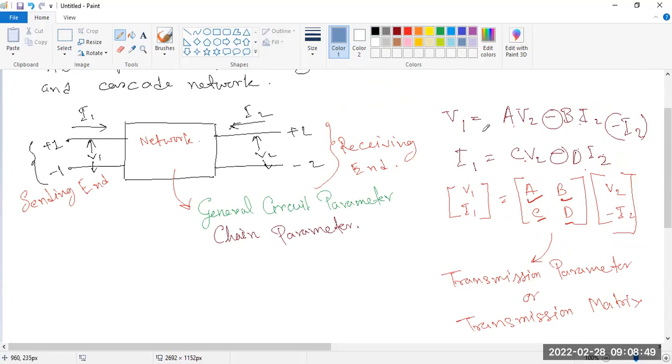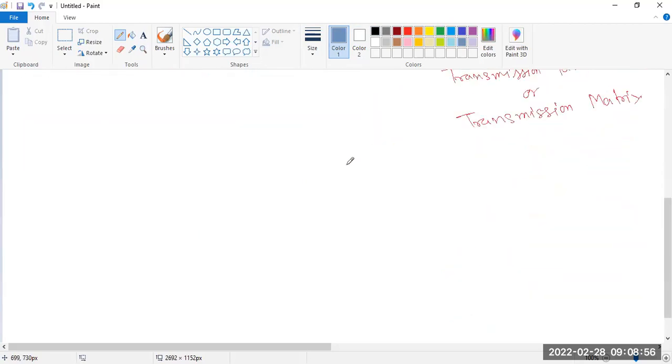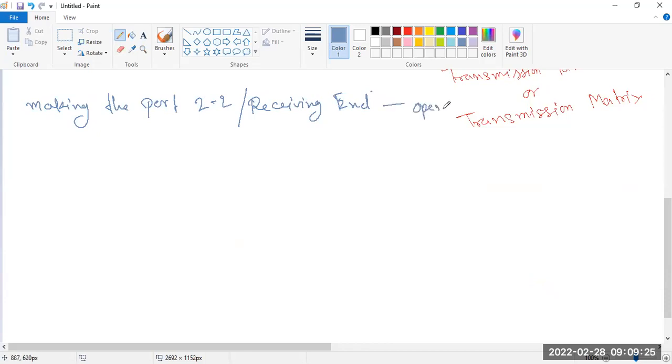Then we have to find out A and C. So the port 2, the receiving end, open, means I2 equals 0.